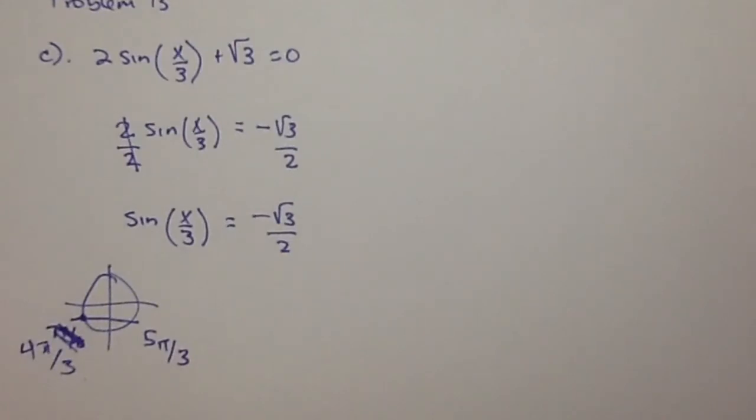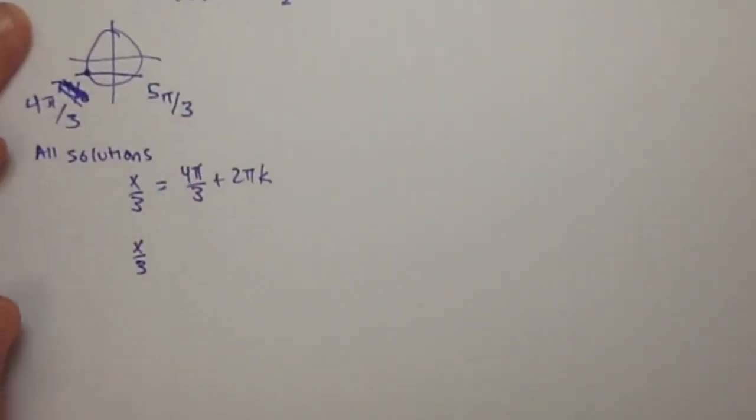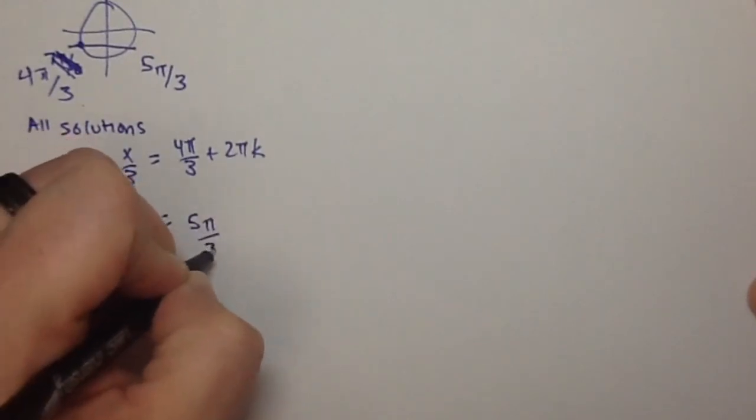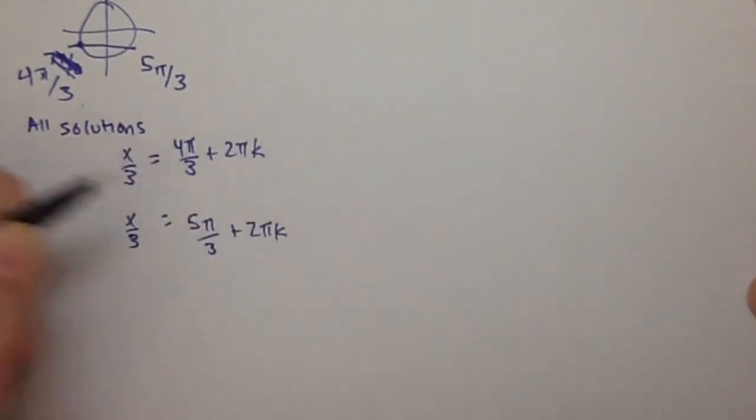Okay, so we can say that all solutions x over 3 equals 4 pi over 3 plus 2 pi k, or x over 3 equals 5 pi over 3 plus 2 pi k.